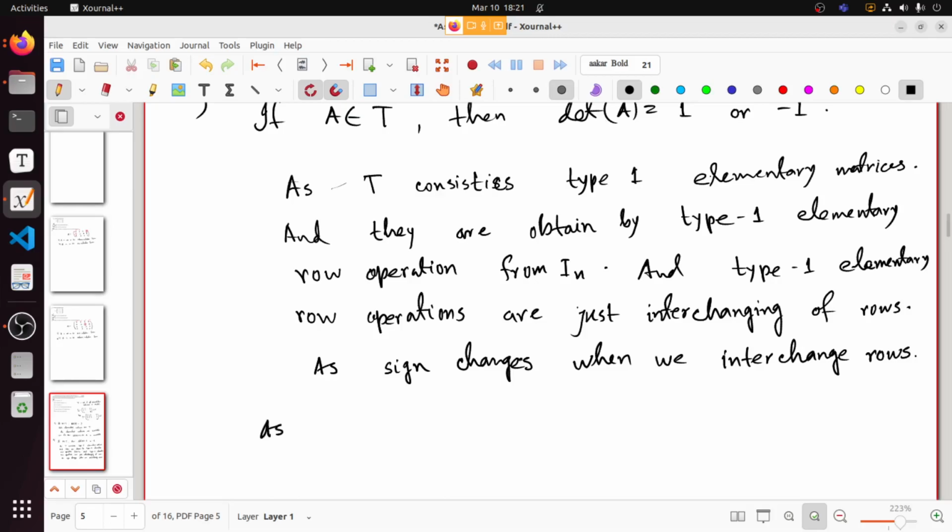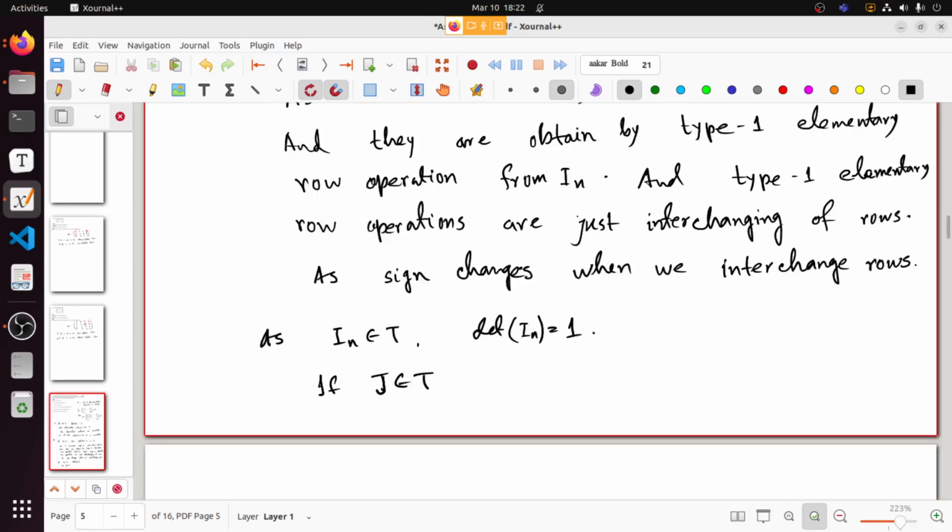As I of n is in T and the determinant of I n is 1. So if J is in T, it is just obtained from I by elementary row operations, right? Which implies J will be obtained just by interchanging rows.